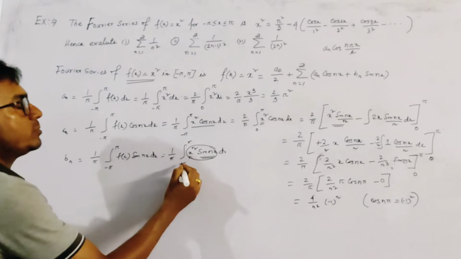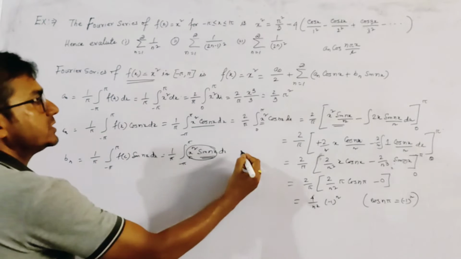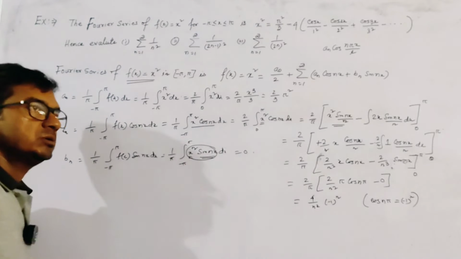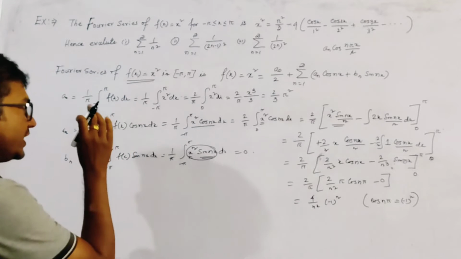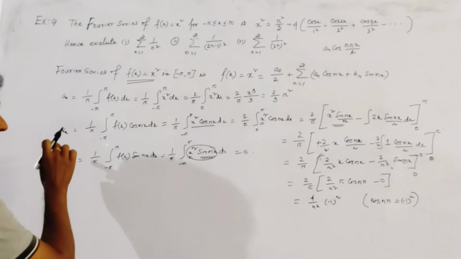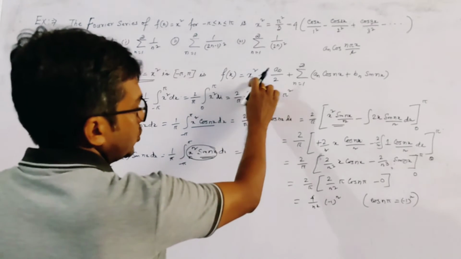So the integration of an odd function from minus pi to pi must be 0, so this coefficient is 0.